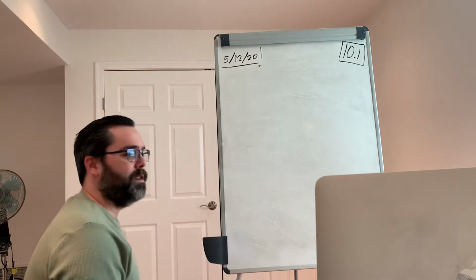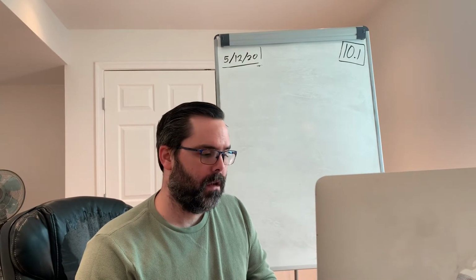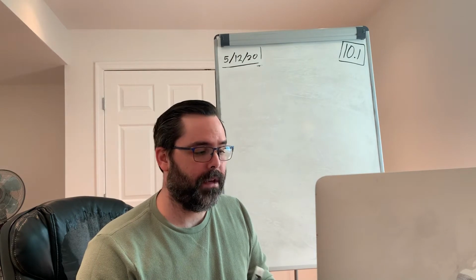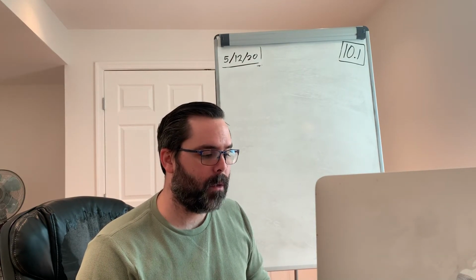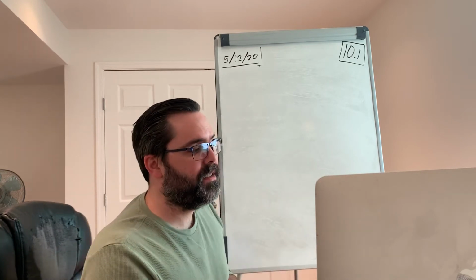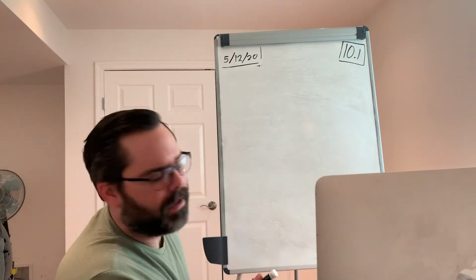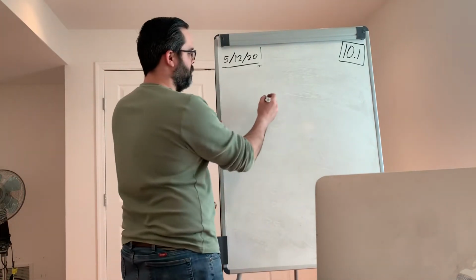Okay, so we have found angles in degrees and radians. We have found arc lengths. Now we're going to find the area of sectors. Remember, a sector is like a slice of pizza.